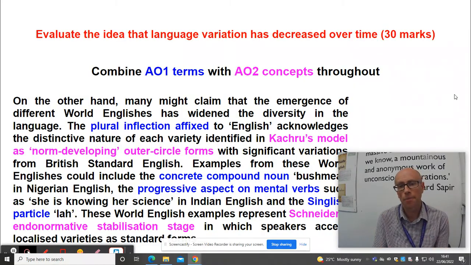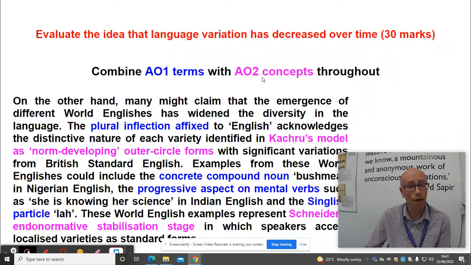We have got a perfect marriage here between AO1 and AO2, have we not? Look at the bits in blue. These are things that you wouldn't necessarily have been able to do as a GCSE student. Plural inflection affixed, concrete compound noun, progressive aspect on mental verb, particle, AO1 terms.